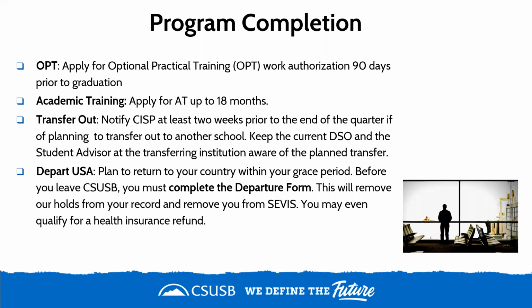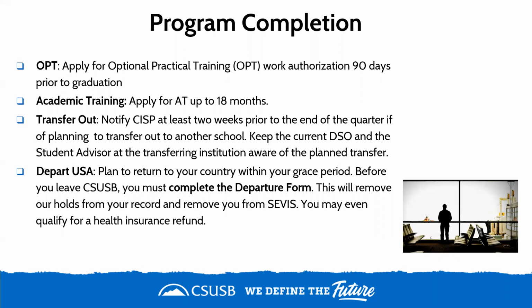OPT allows you up to 12 months of work authorization, but you do have to apply for it through the U.S. Immigration Office. For J1 students, you can apply for academic training, and that gives you up to 18 months of work authorization. That application is made directly through the CIS office.